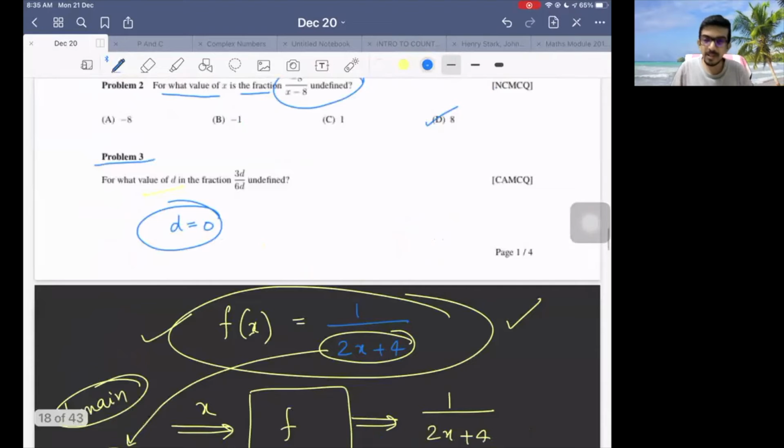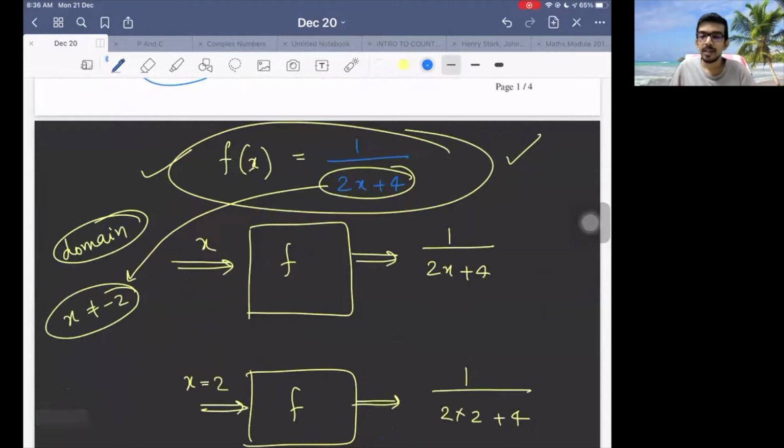So x is equal to minus 2 is not included in the domain, which means your function cannot get x is equal to minus 2 as its input. That's all, because that will make the expression undefined.